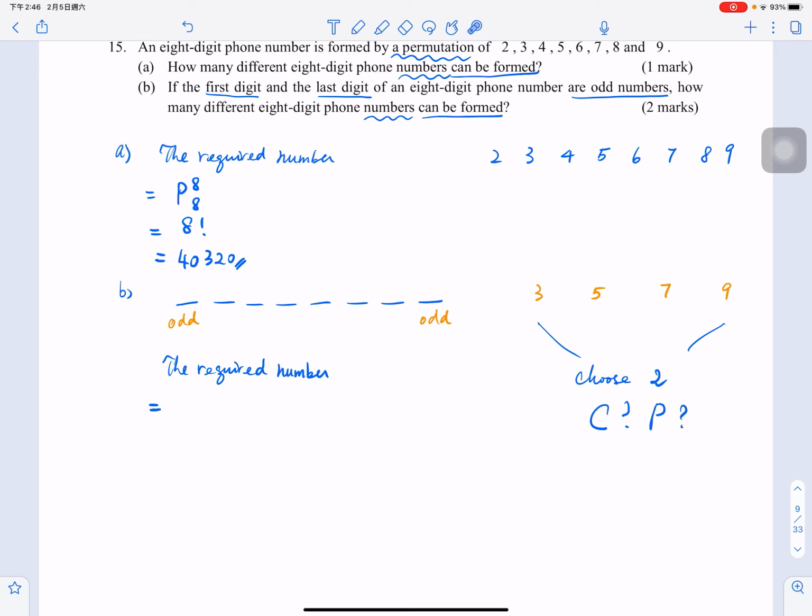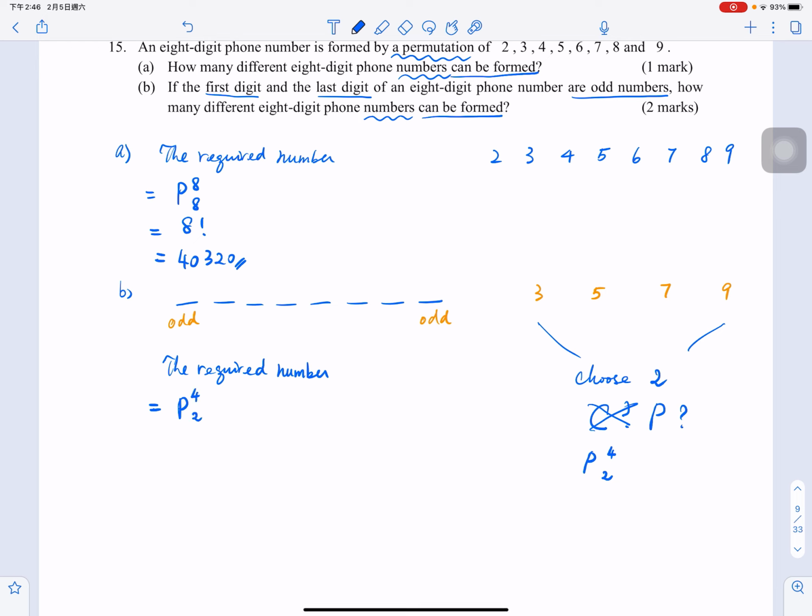Because order is important in this situation, not C, it is P. You choose 2, so first, 4P2.